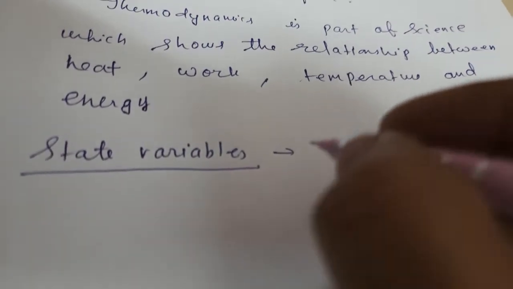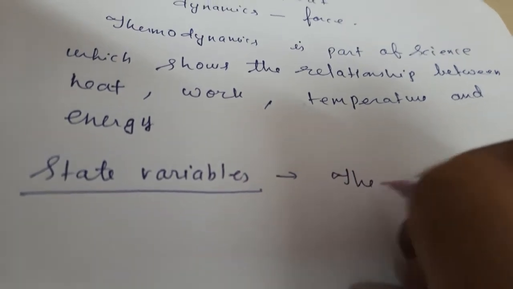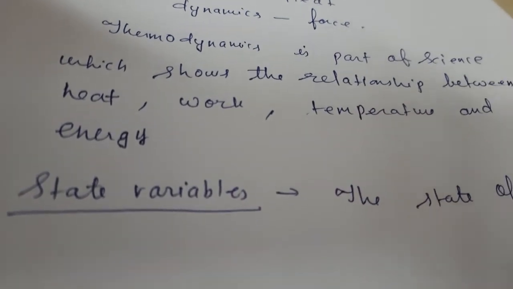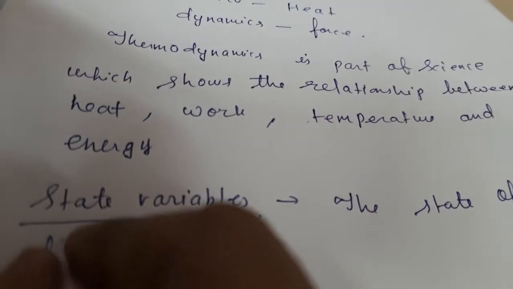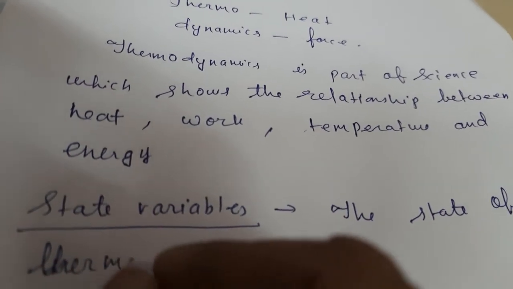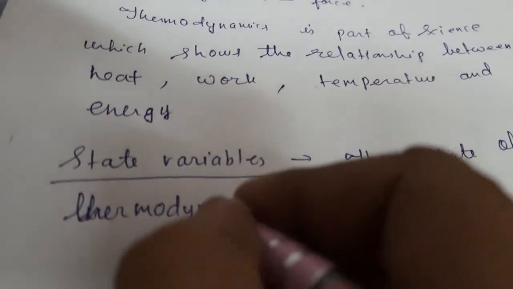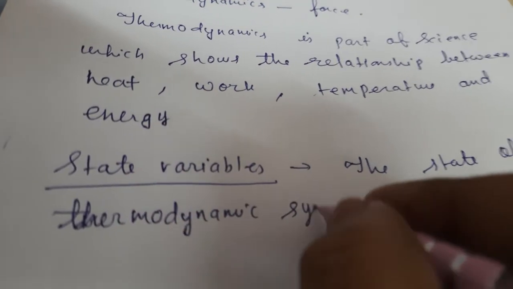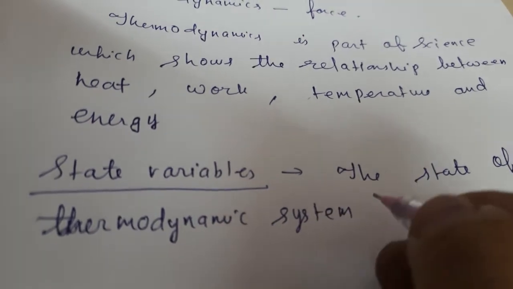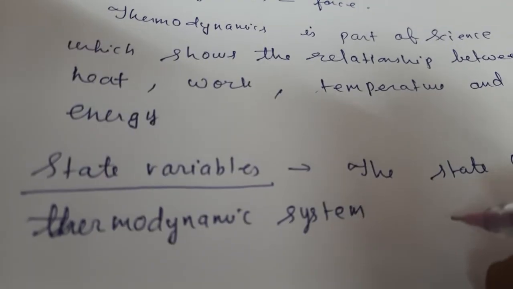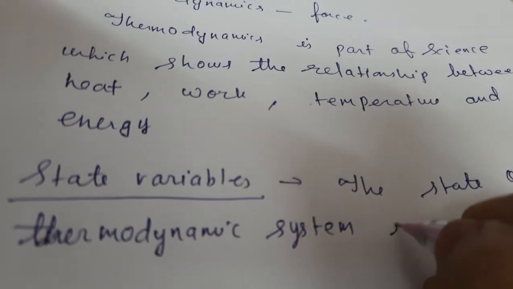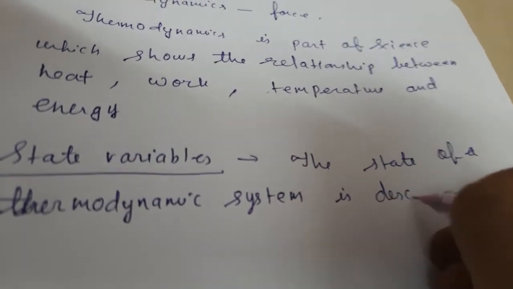The state of a thermodynamic system is described by its measurable or macroscopic properties. जो बड़ी properties होती हैं.